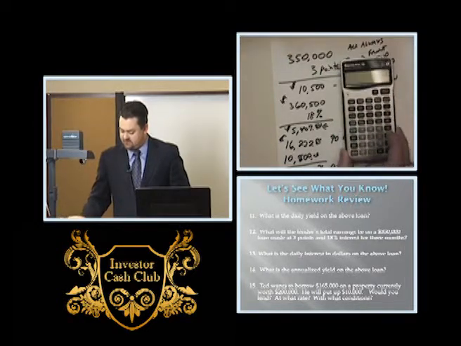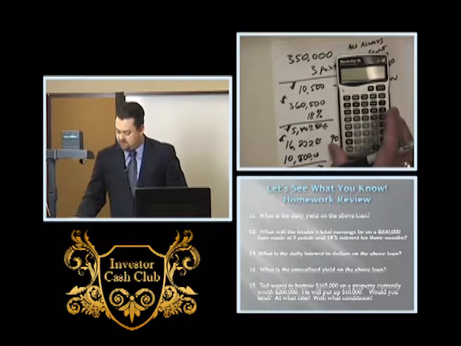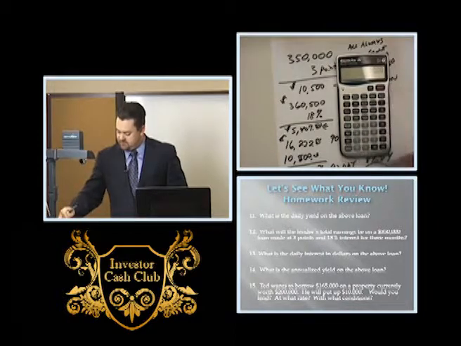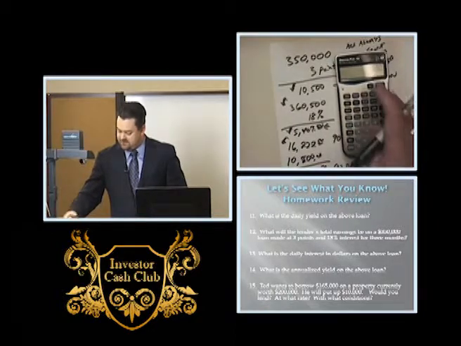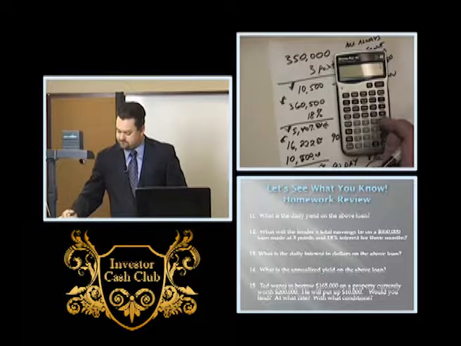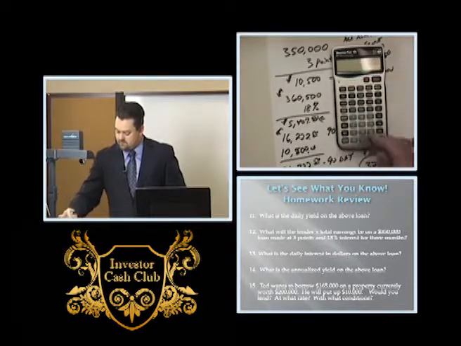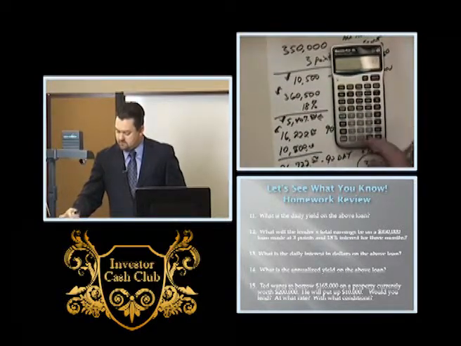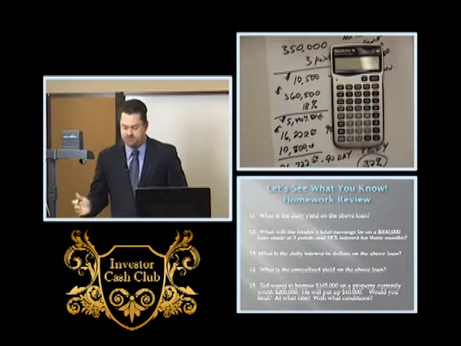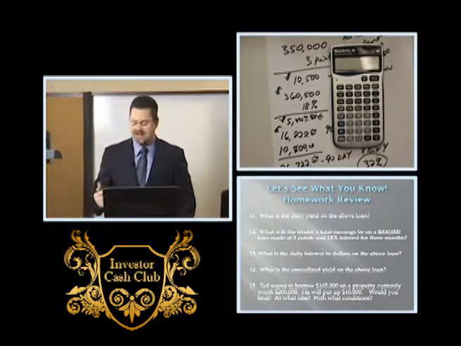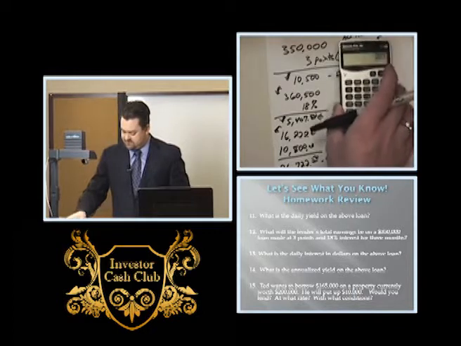And this isn't running out as long as I would like it to. So our daily interest then would just be the 32% divided by the 360, which gives us 0.00009.